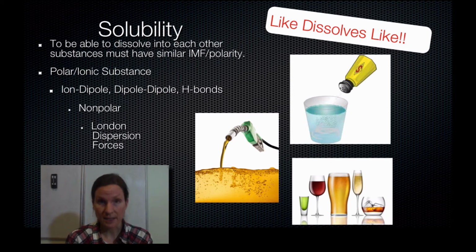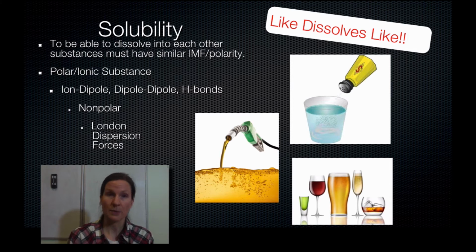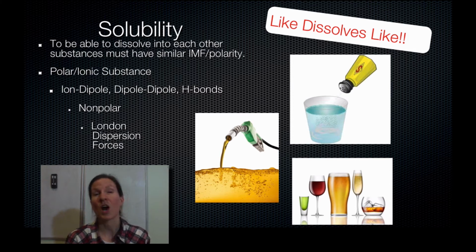So a lot of times gasoline is a mixture of multiple nonpolar substances, or oils. You'll see those mixtures of oils. Those are all dissolved essentially, and it's like dissolves like, so the nonpolar things will dissolve into each other.